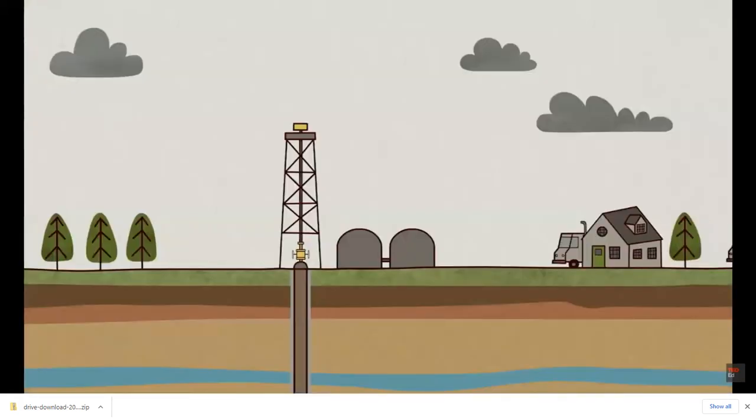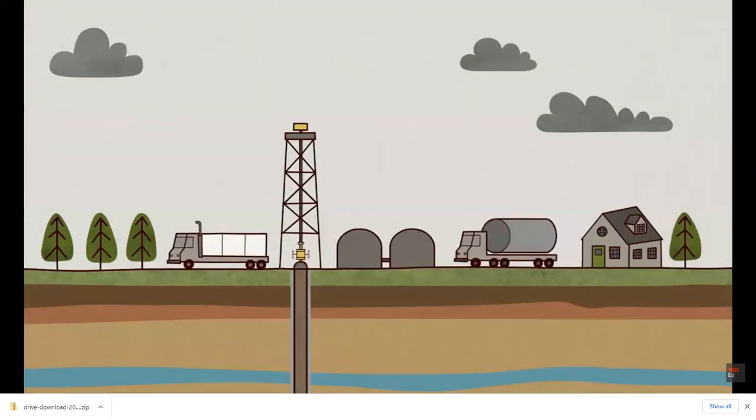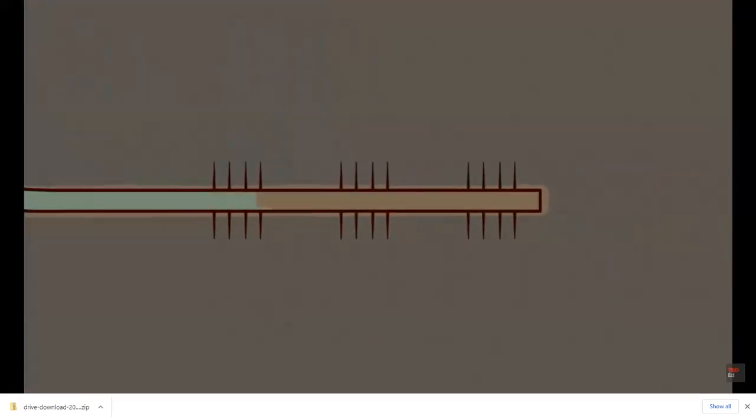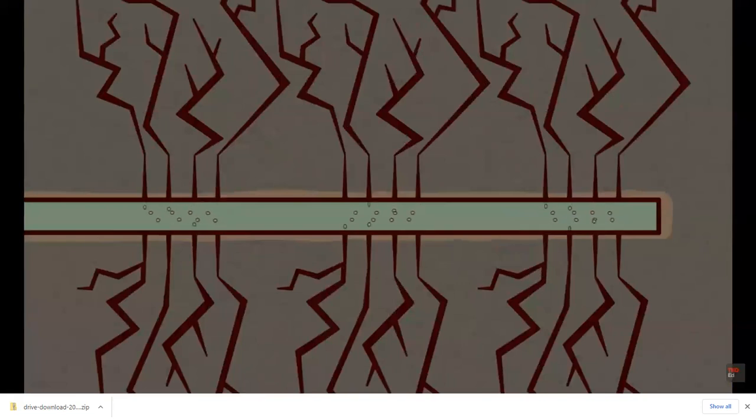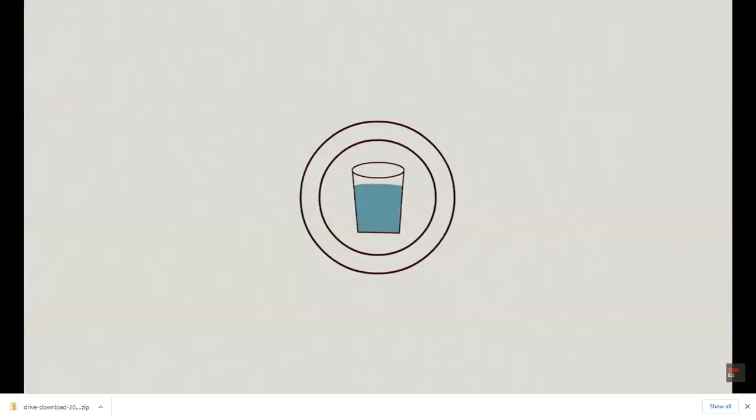About 3 to 4 months after the initial drilling, the well is ready for fracking to begin. Fracking fluid is pumped down into the well at a pressure so high it cracks the shale rock, creating fractures through which the trapped gas and oil can escape. The fluid itself is more than 90% water.